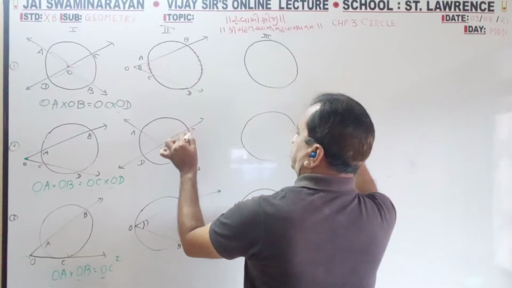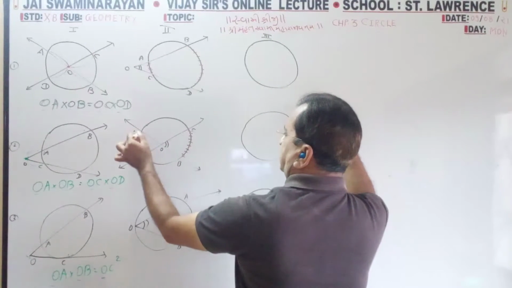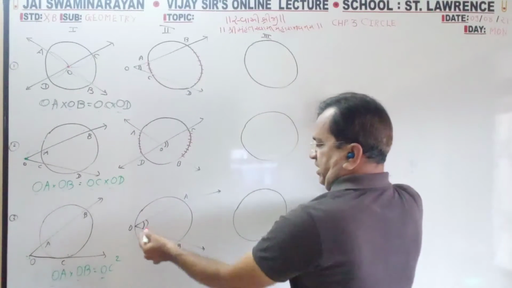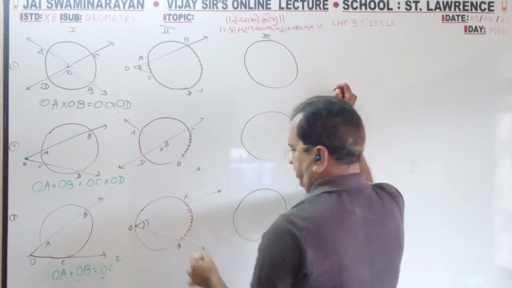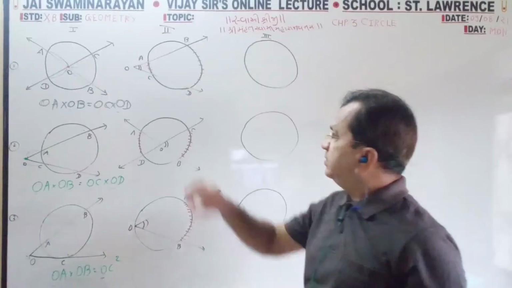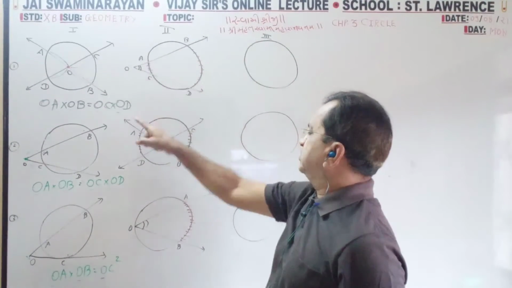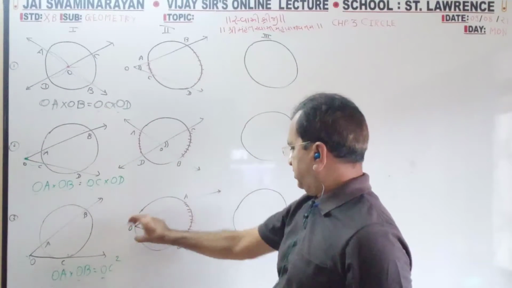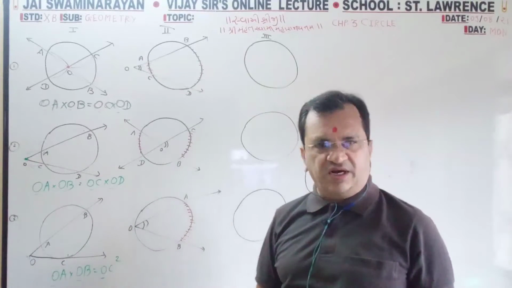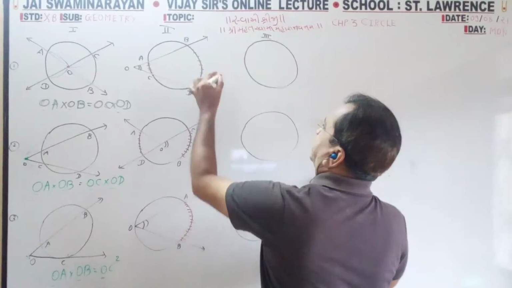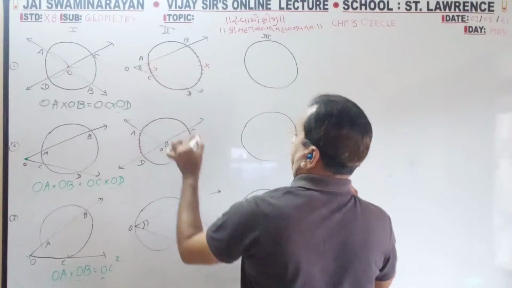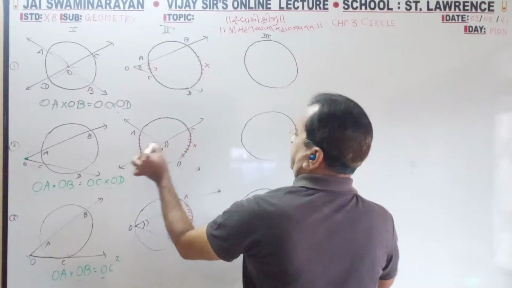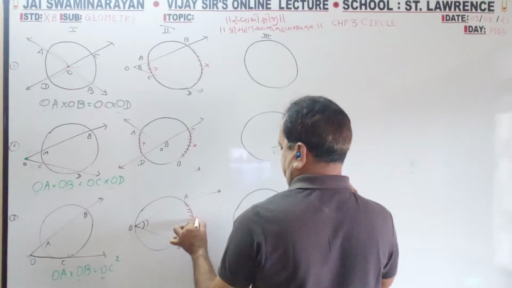By this also two arcs are formed, this and this. And by this only one arc is inscribed in the angle. In the angle there are two arcs. In the angle there are two arcs. In the angle there is only one arc. So I'll write X, Y, a middle name. This is X.